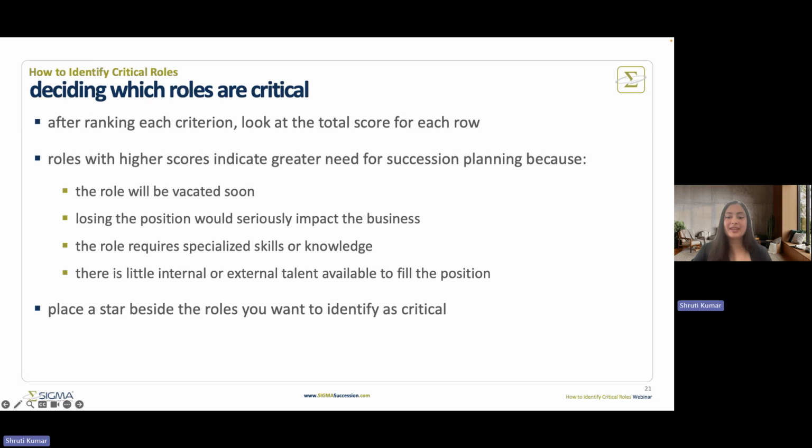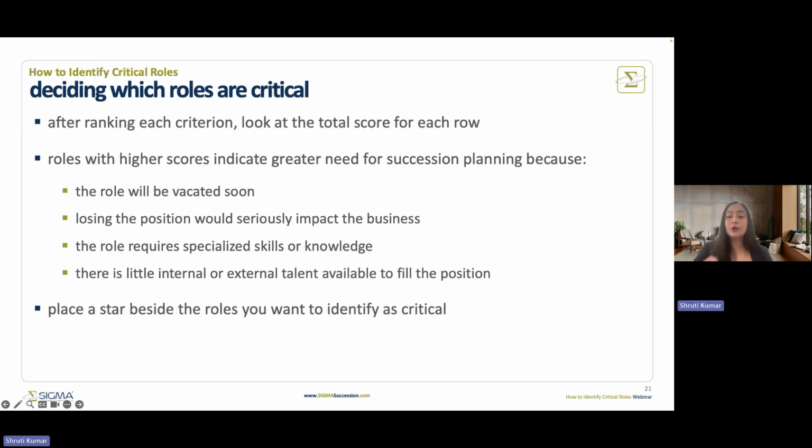Now, if you've set your threshold lower, or to be honest, at any level, you may end up with more roles to start than you can realistically work on at once. If this is the case for your organization, we recommend getting together as a succession management team or as a leadership team to discuss which roles you really need to be prioritizing initially.